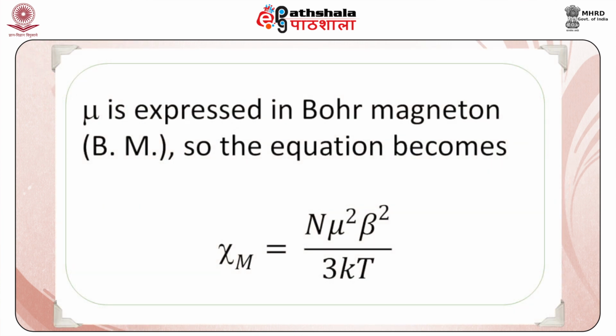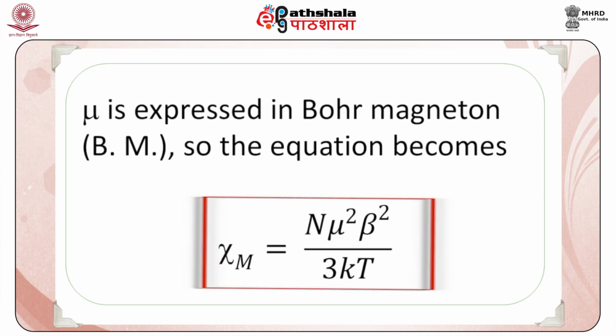μ is expressed in EMU in the previous equation, but more popularly, μ is expressed in Bohr magneton, BM. So the equation becomes χ_m is equal to Nμ²β² upon 3kT.